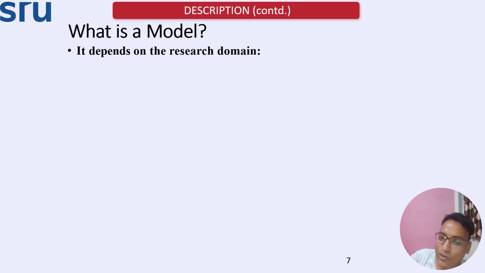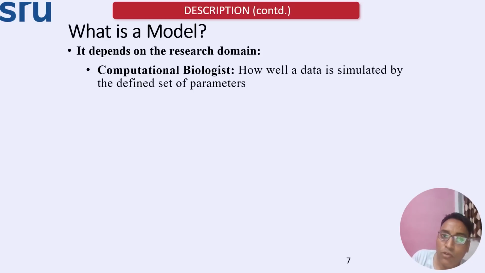For each of them the model means something different, but all of them are interrelated. For a computational biologist, a model just means how well the data is simulated by the given set of parameters. That's it. If my computational algorithm is able to give me the required scores, the model is best.